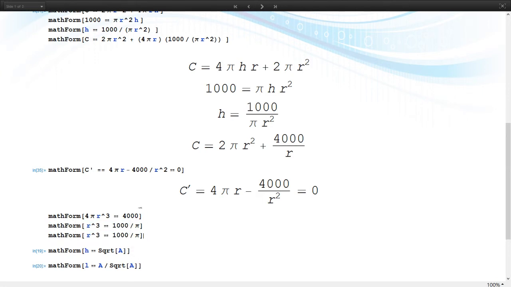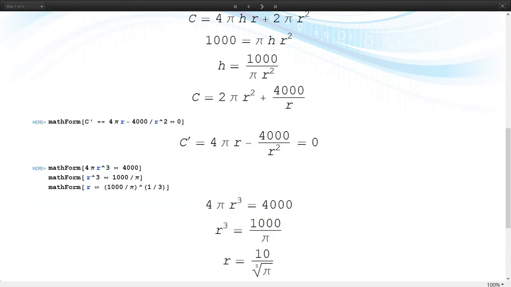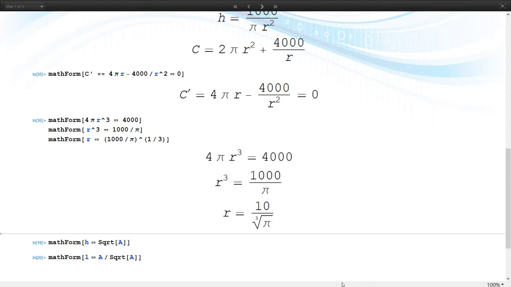And we take the cube root of both sides. Like so. This gives us the radius that minimizes the cost of the can.